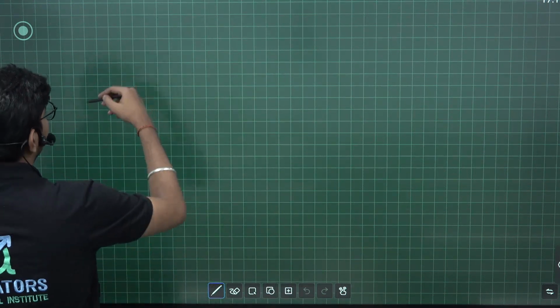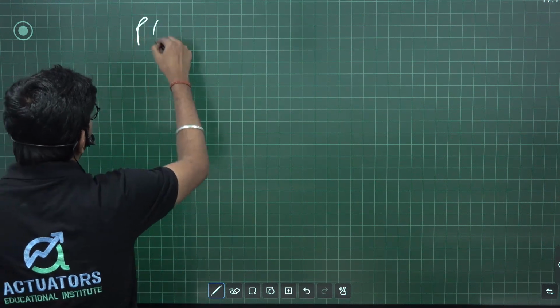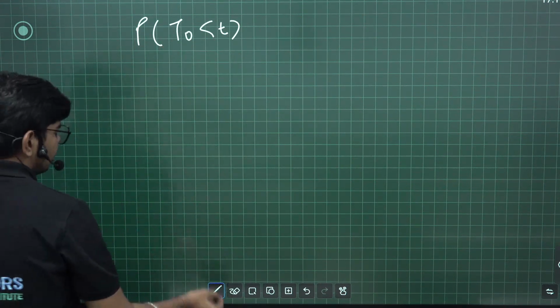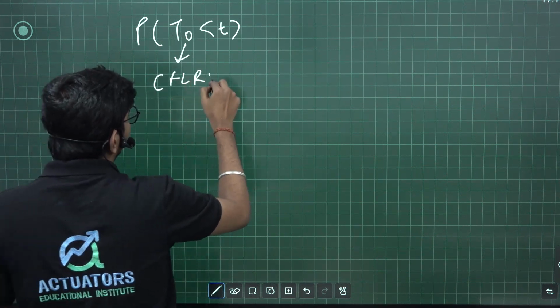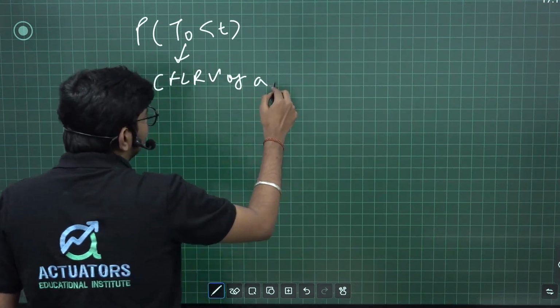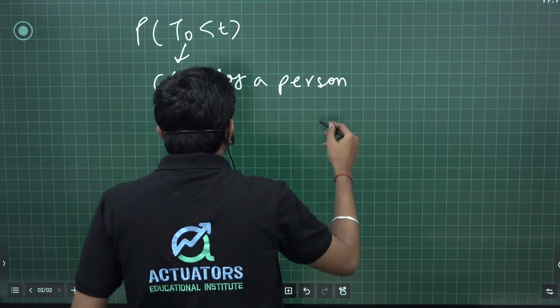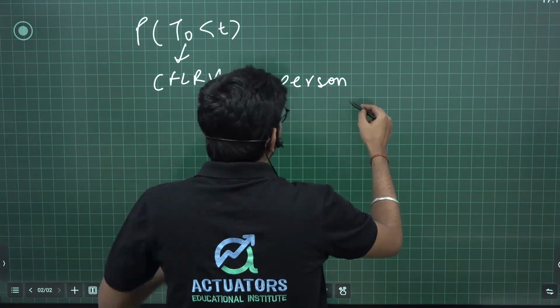Like for example, in PFM you have already dealt with PDF and CDF and all that. So whenever we are interested in, let's say, the probability that T0 is less than T, first of all, this is the complete future lifetime random variable of a person who is aged 0, basically a newborn baby. And we are interested in the probability of knowing whether that person will live for less than T years or not.